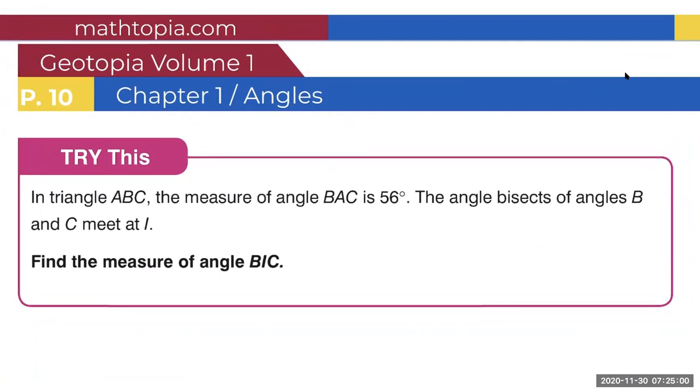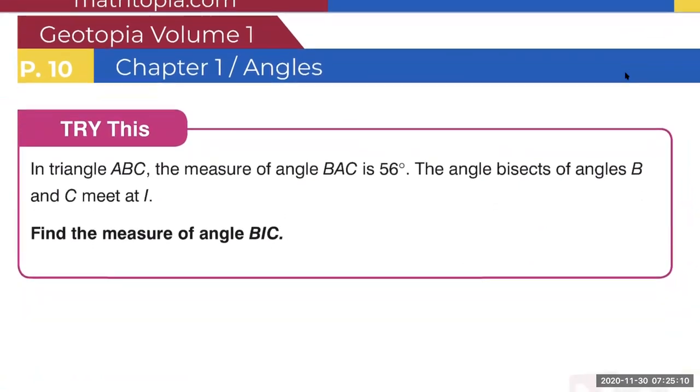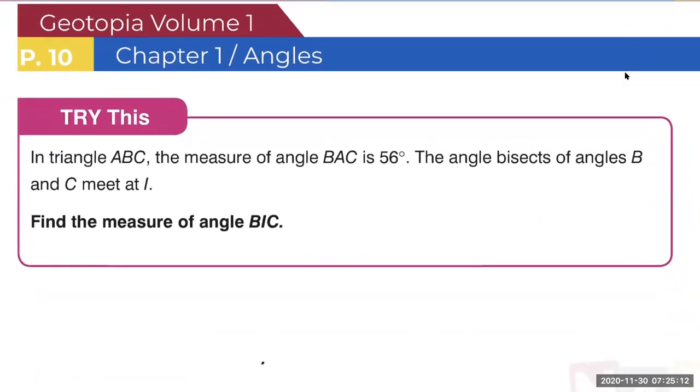There is an angle ABC and two bisectors. Let's first visualize the situation. Here is the visualization.